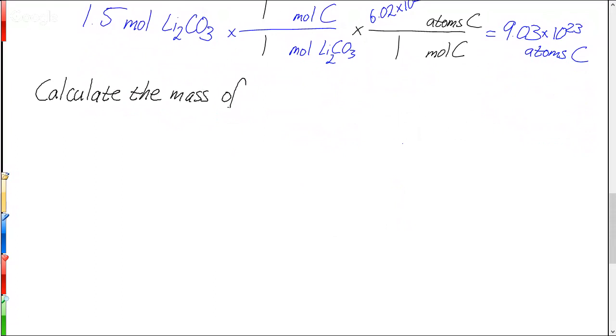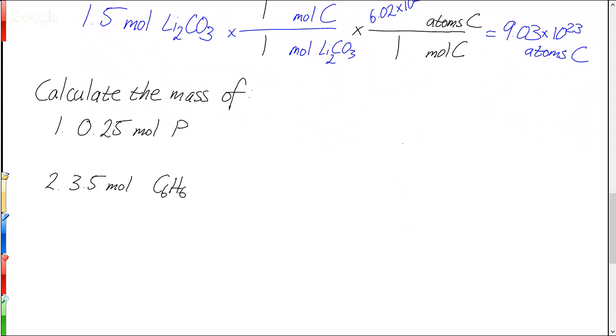We're going to calculate the mass of 0.25 moles of phosphorus, and 3.5 moles of C6H6. Okay, so we'll try those two.